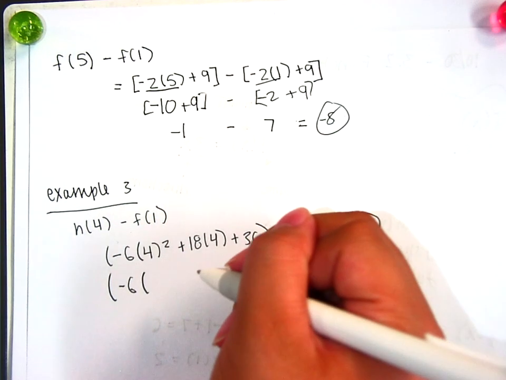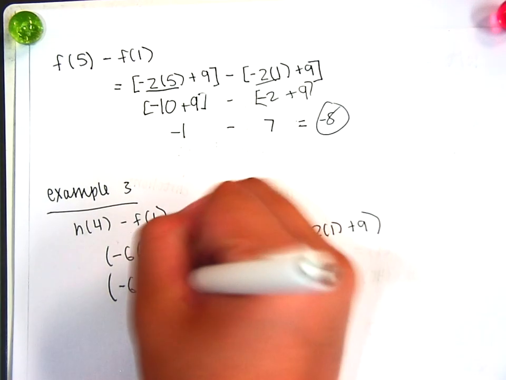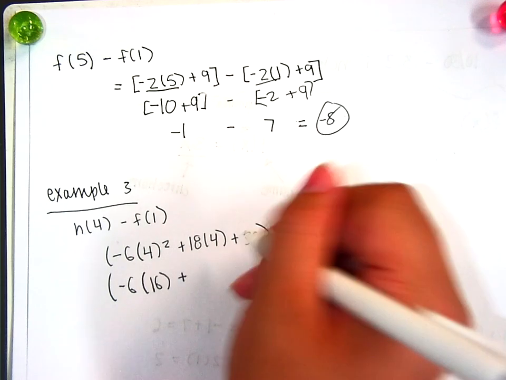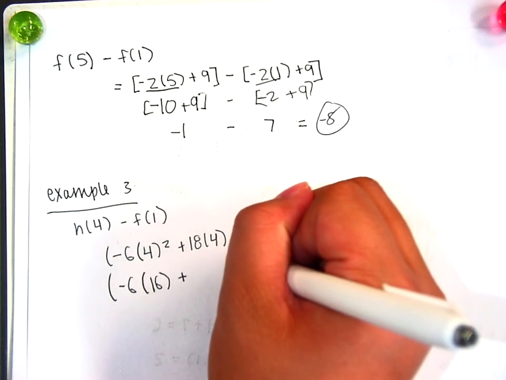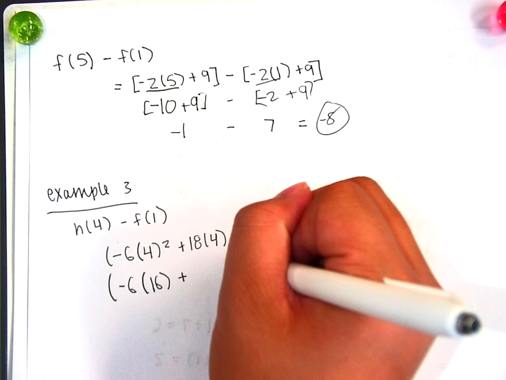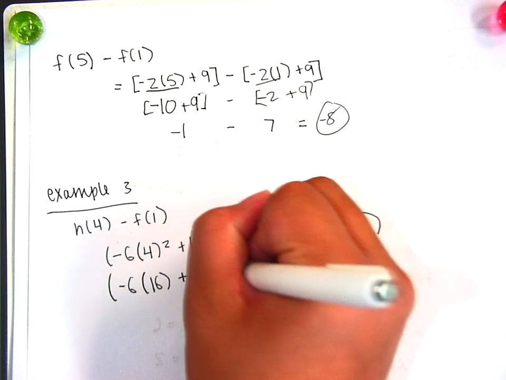Squared. So 4 times 4 is 16. Plus 18 times 4 equals 72.